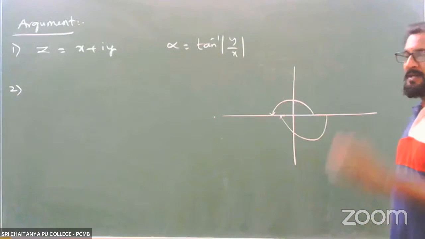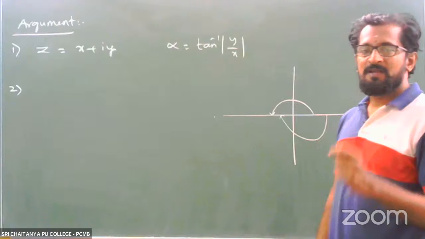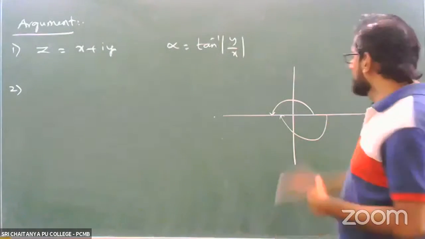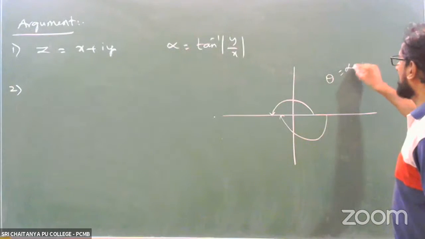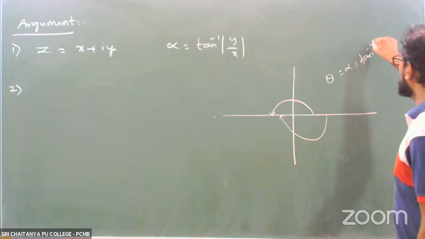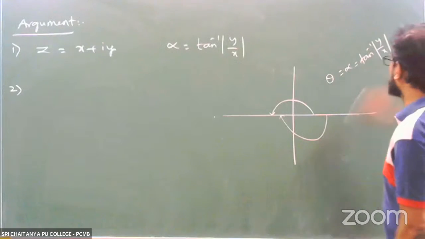If z is a complex number and if z belongs to the first quadrant, theta is equal to alpha, which is equal to tan inverse of mod of y by x.